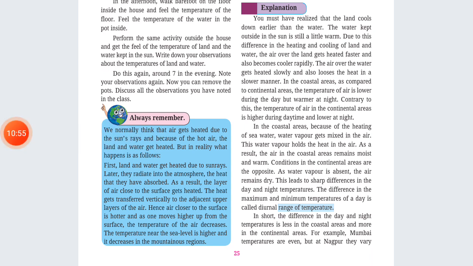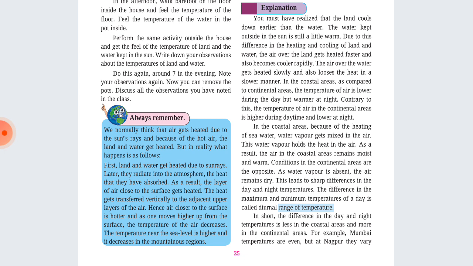Always remember, we normally think that the air is heated by the sun's rays, and because of the hot air, the land and water get heated. But in reality, what happens is as follows. First, land and water get heated due to sun rays. Later, they radiate the heat that they have absorbed into the atmosphere.